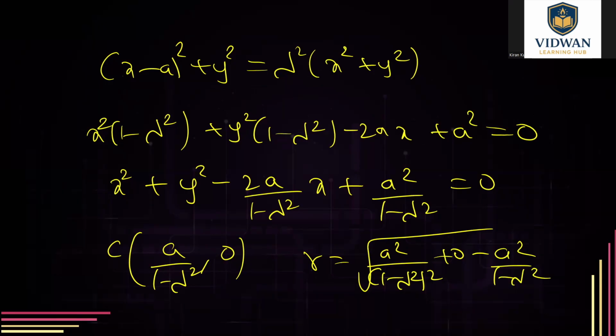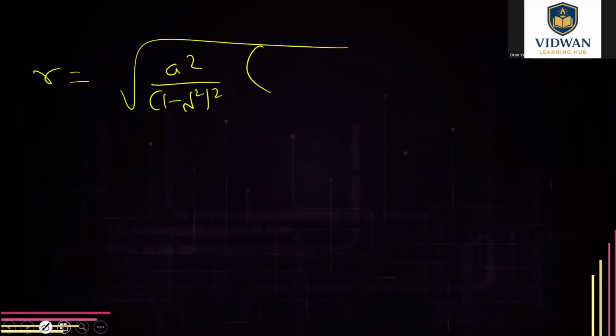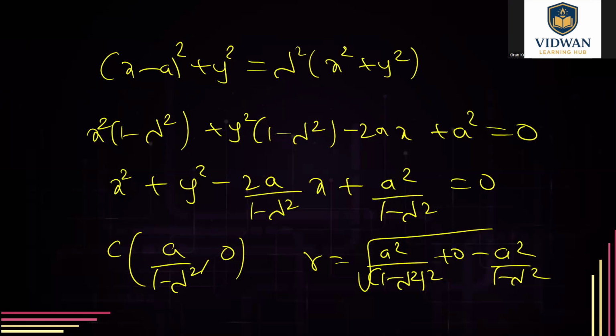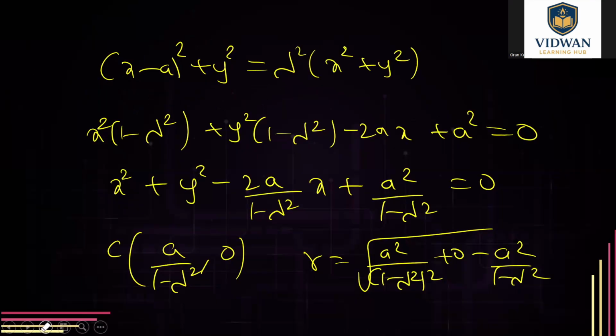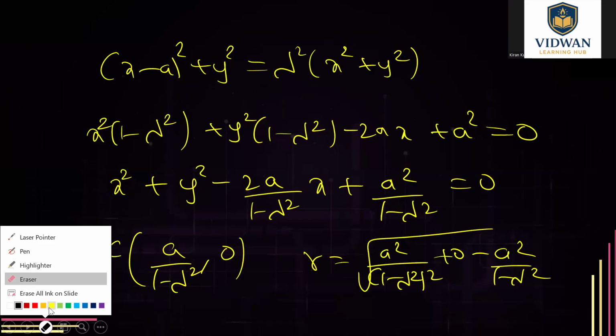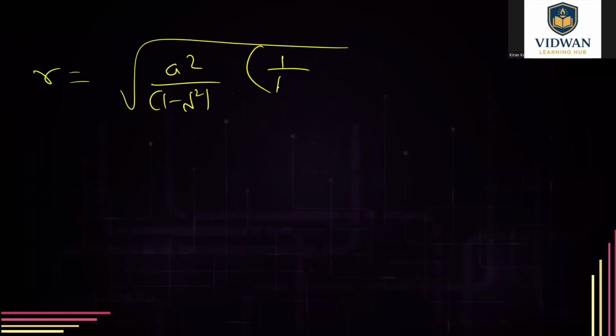Then I should take a square by 1 minus lambda square common. But I have only a square by 1 minus lambda square common into what is remaining in the first one. 1 by 1 minus lambda square would remain. Second one, what is remaining?